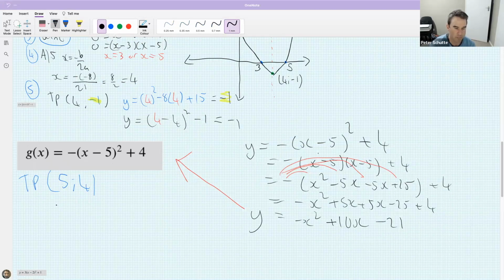So I'm going to say step 1, this is an unhappy graph.